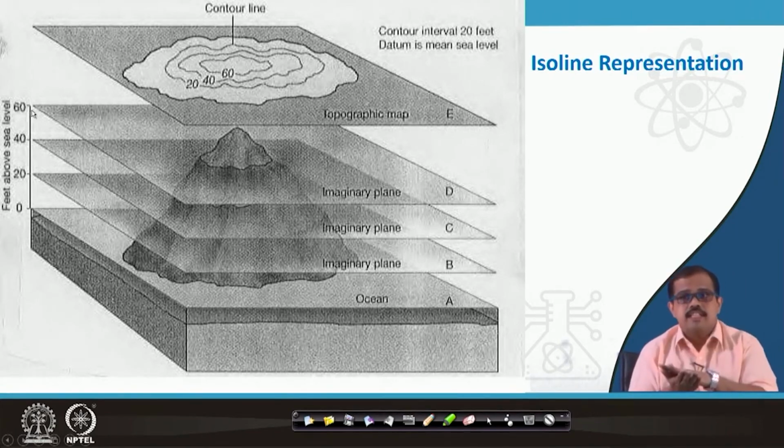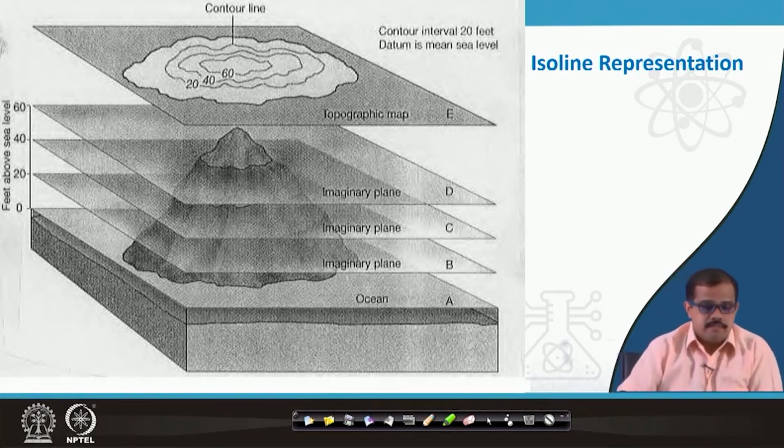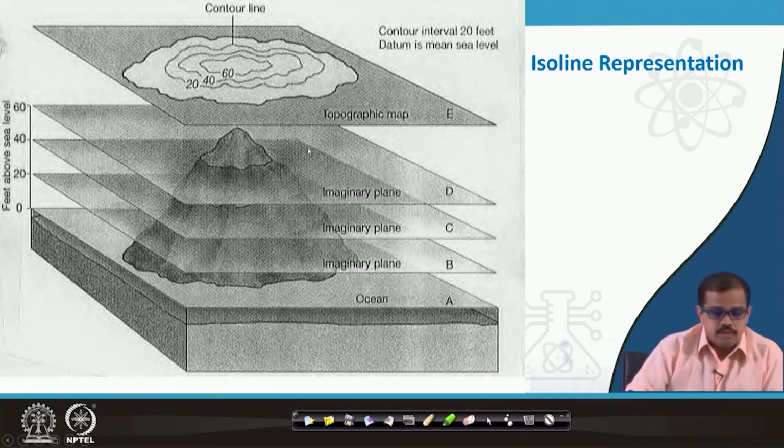The same is represented in a topographic map, something like this. You have a topographic map here, wherein you have 20, 40, 60. You can see these lines never crisscross each other and represent the same elevation on the map.